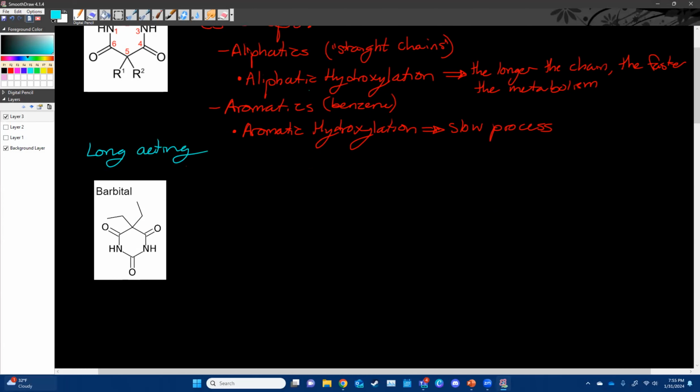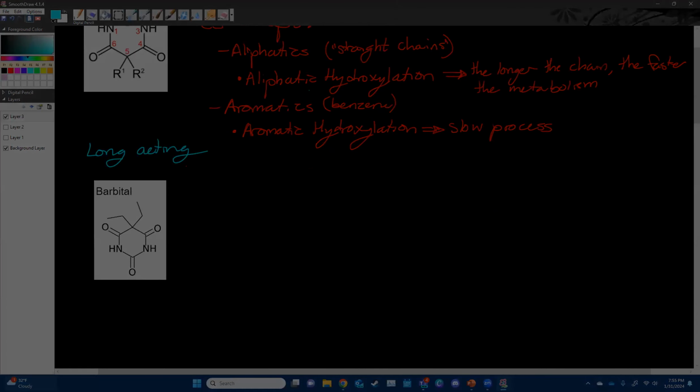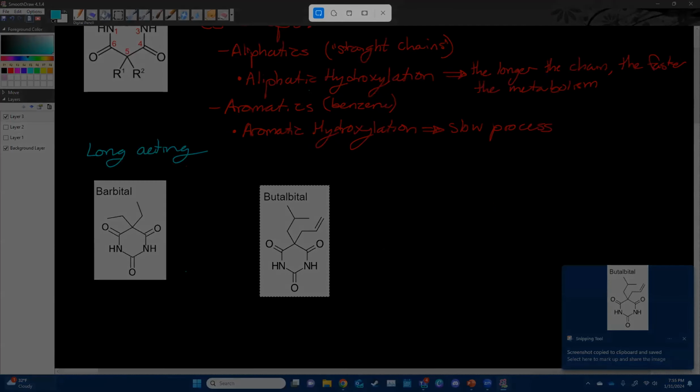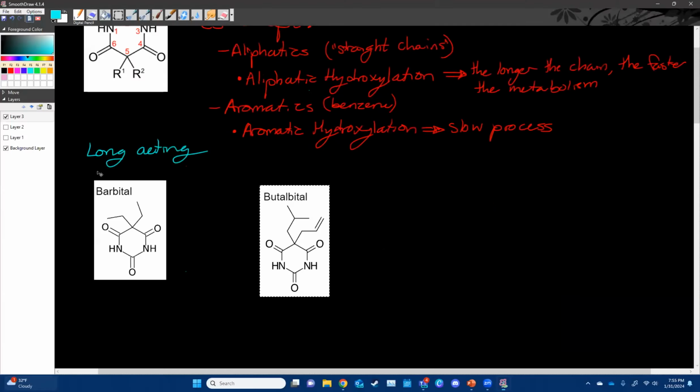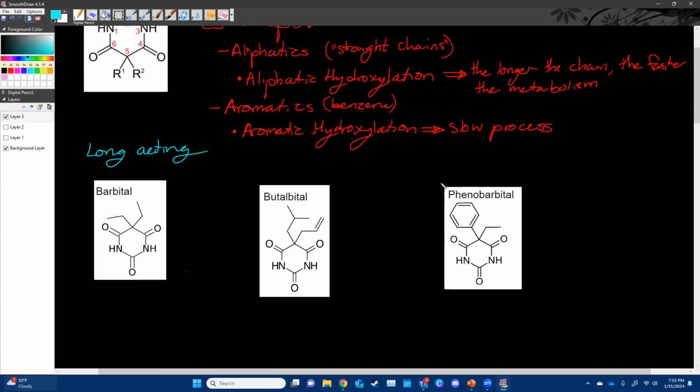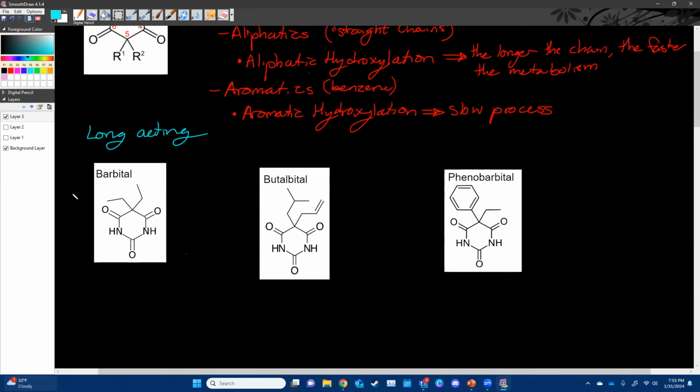So barbital, butalbital, and phenobarbital are 3 long-acting barbiturates that at least I have on my list. When we look at barbital, what we see is that the drug is only 2 carbons long, right?